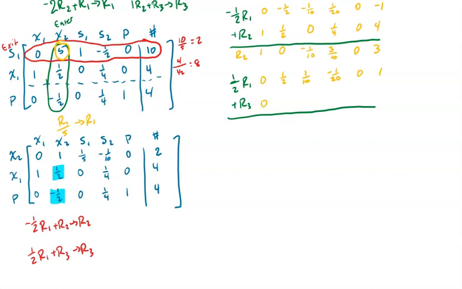Row 3, exactly how it is 0, negative 1/2, 0, 1/4, 1, and 4. And then let's go ahead and add these up. So we get 0, 0, 1/10, 1/5, if you do reduce that fraction, then 1 and 5.